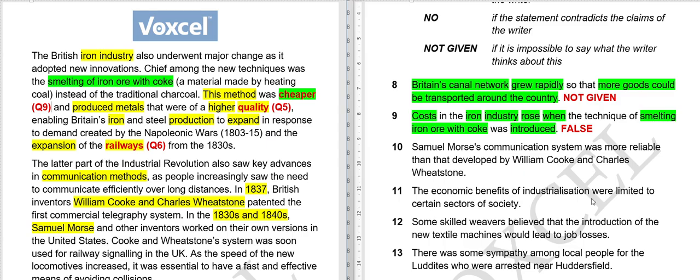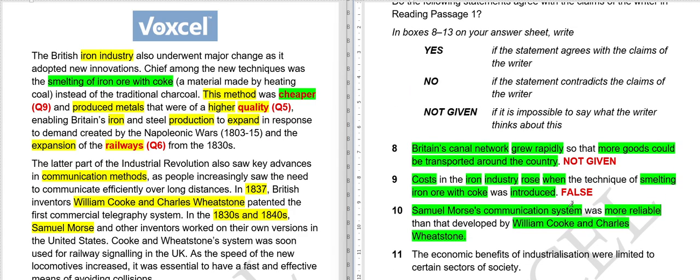Now moving on to the next question, number 10. Samuel Morse's communication system was more reliable than that developed by William Cook and Charles Wheatstone. So here what the question is demanding is that we have to compare the system developed by this particular person with the system developed by these two people, and whether the system developed by Samuel was more reliable than Cook and Charles Wheatstone's system or not.